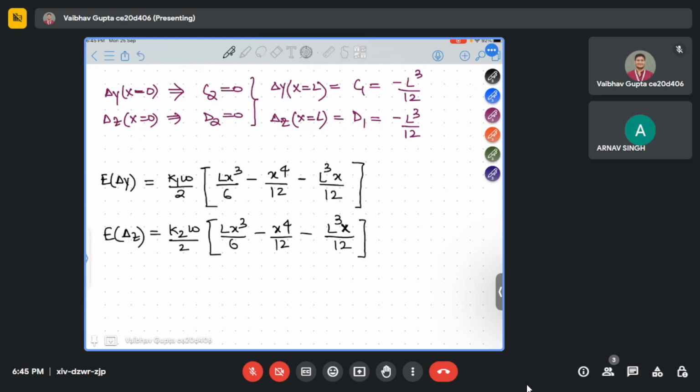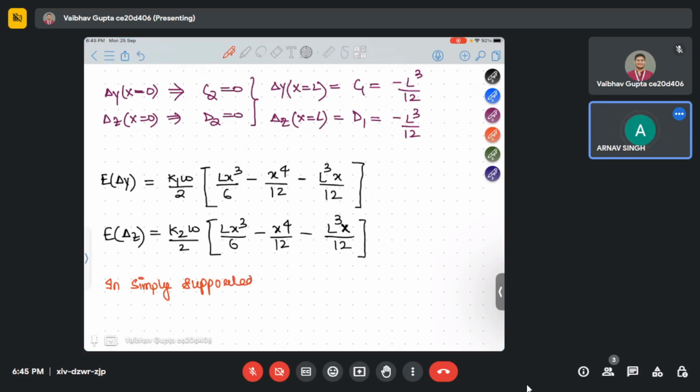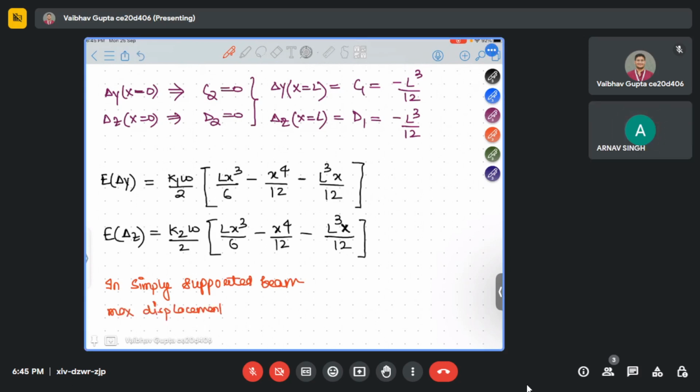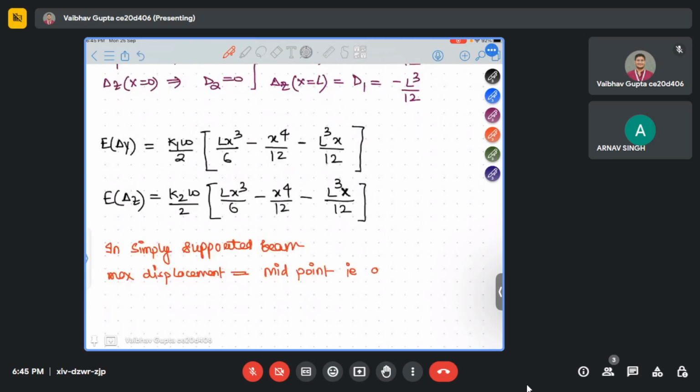So in a simply supported beam, the maximum displacement will be at the midpoint, that is at L by 2. Understood?